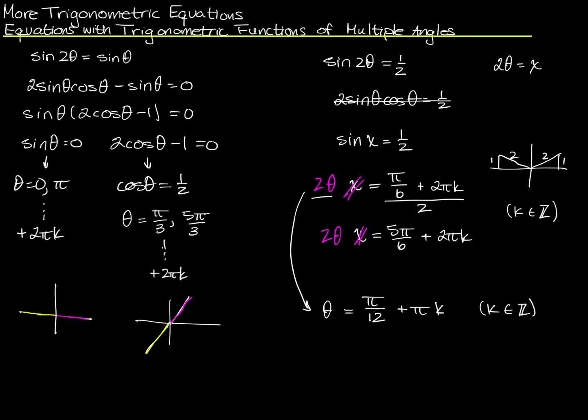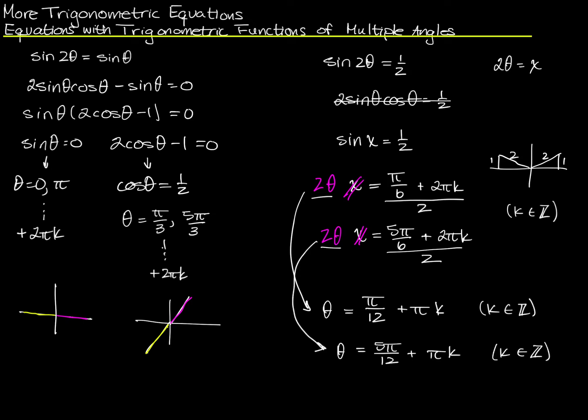All right, let's do this other one. Extra practice never hurts. Besides, we still need the other answer. 2 theta is 5 pi over 6 plus 2 pi k. So 1 theta must be 5 pi over 12 plus pi k, where k is an integer.